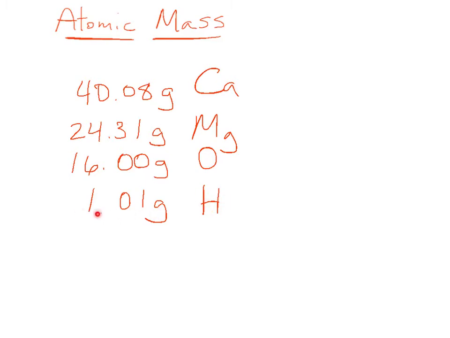So 1 gram of hydrogen, 16 grams of oxygen, not perfect, but about 24 grams of magnesium and about 40 grams of calcium all seem to combine together in a particular ratio so that none of the elements were left over at the end.